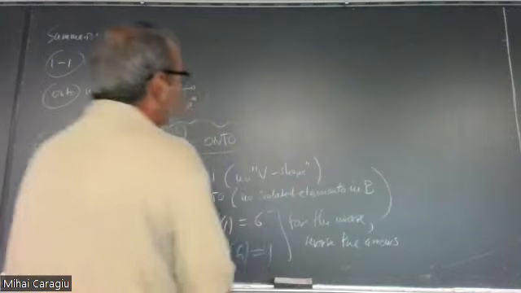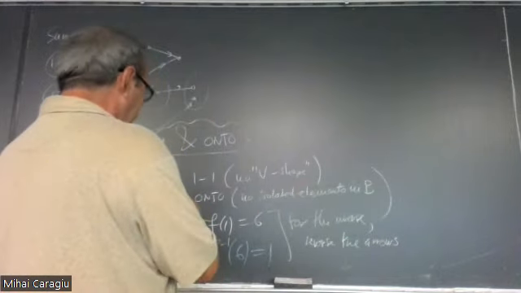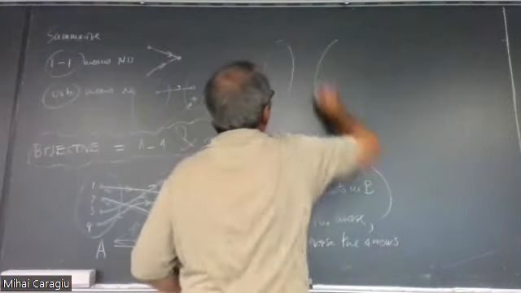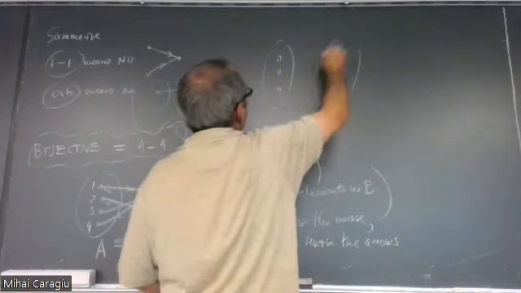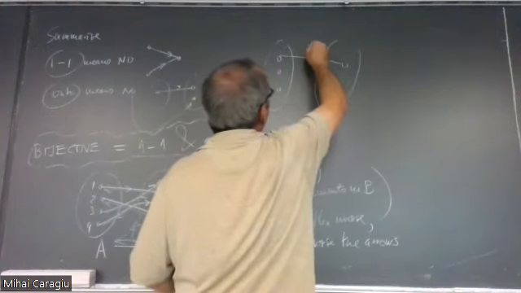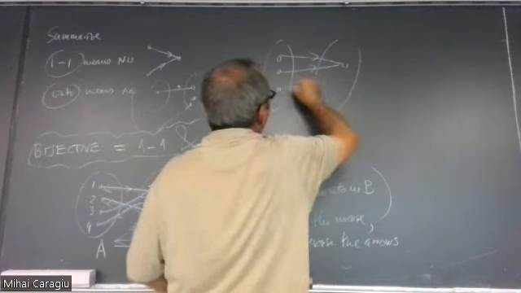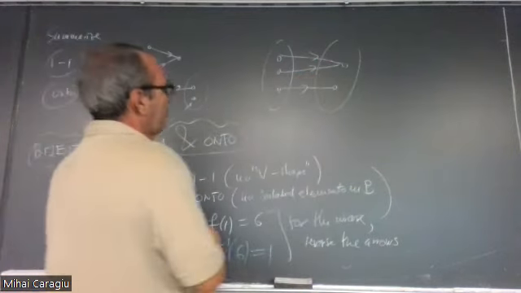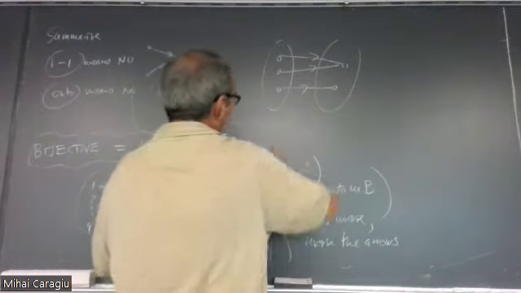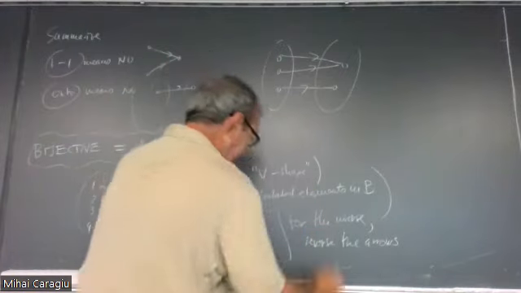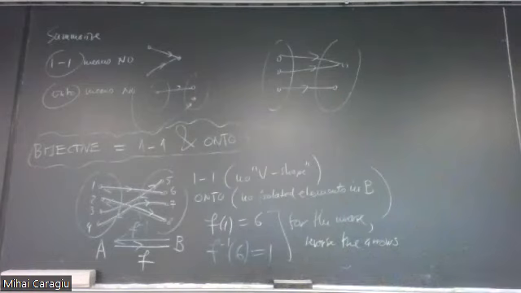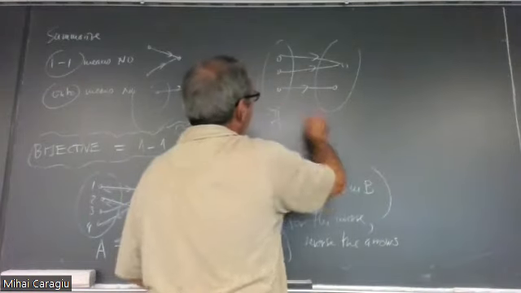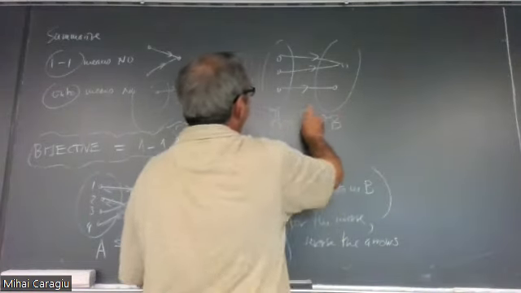Let me give an example. That's a function from A to B, in white. This is A. This is B. This is f.